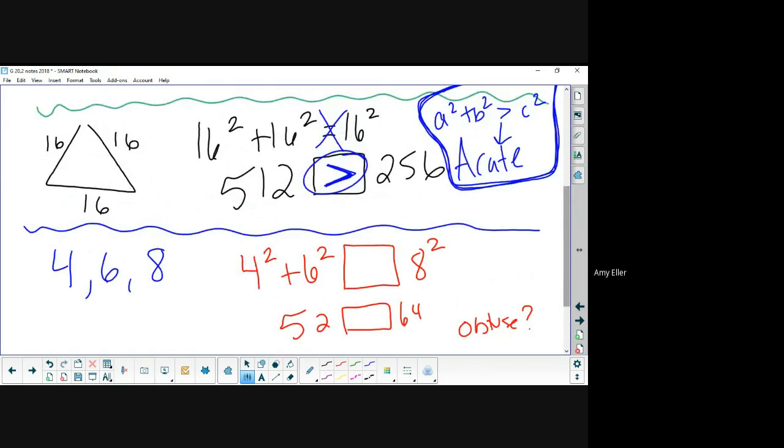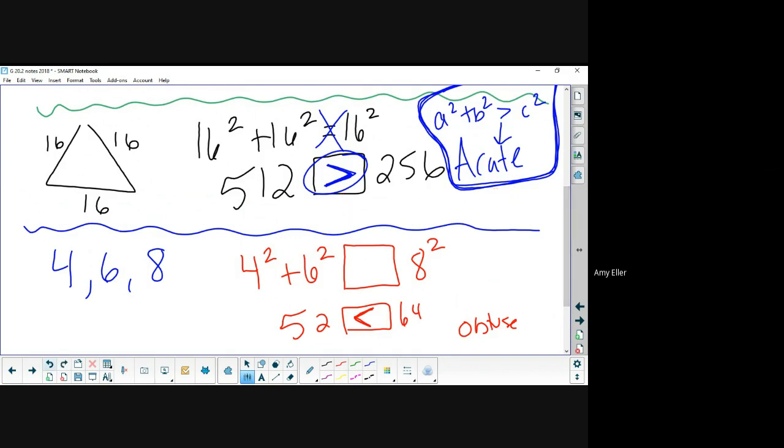I get 52 compared to 64. 52 is less than 64. That's not what we had before. Before it was greater than, and it was acute. Now it's less than, which will be obtuse.